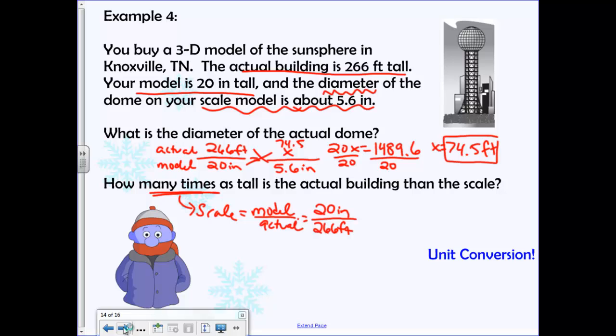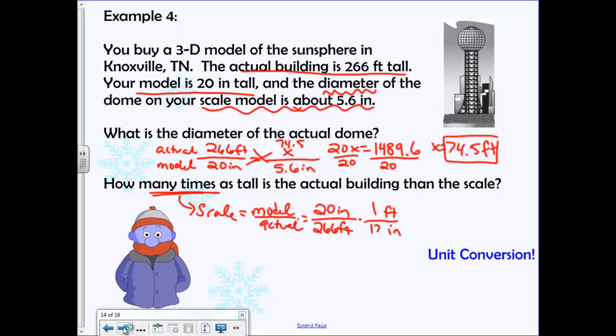I want to simplify that so I can find my scale factor. Do I have the same units where I can just cross them out? No. So here's where we need to go in, and I want it to be the same unit. So I'm going to multiply by, if feet are in the bottom, we put feet in the top, inches in the top, inches in the bottom.